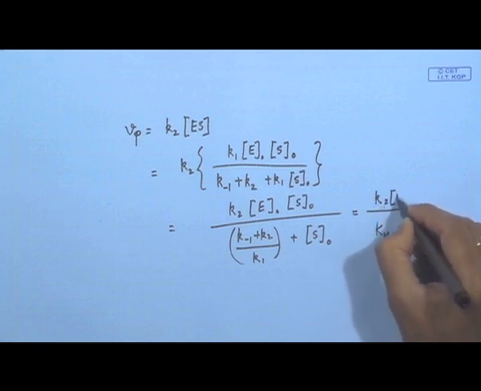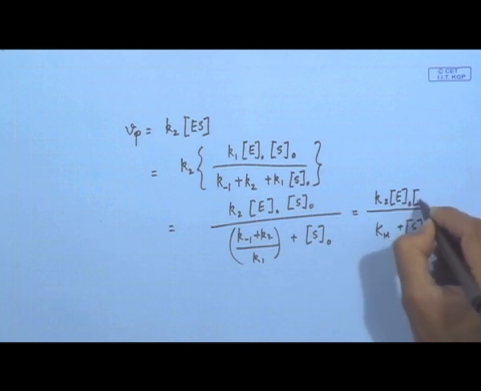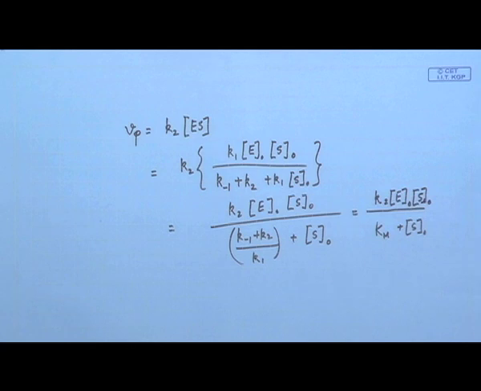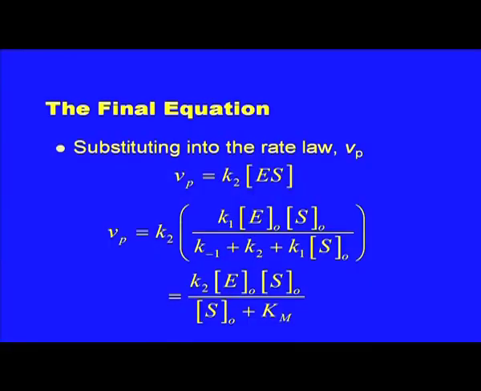Okay, K2 E0 S0. So, this is the rate, the velocity of product formation, the velocity of reaction. You can write it in this way.